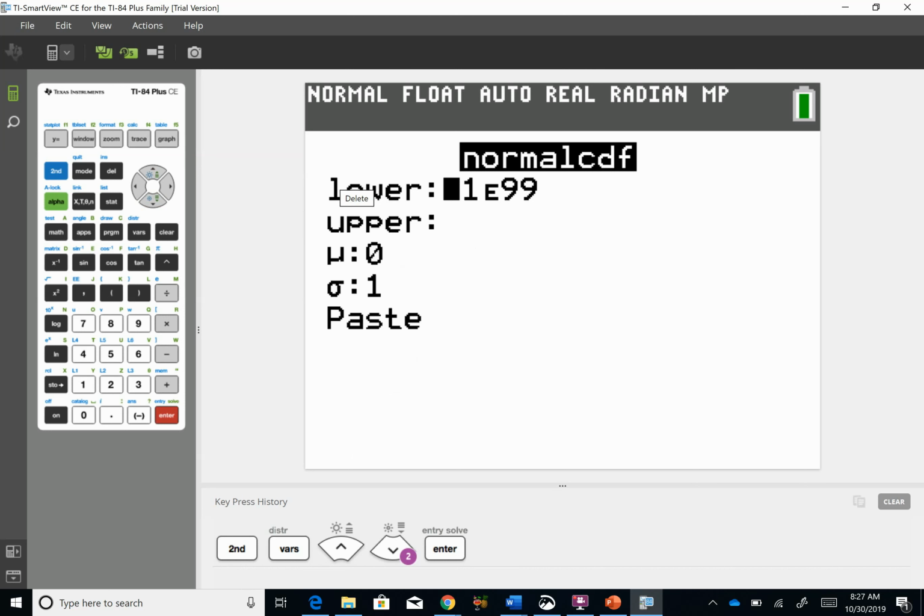Now my calculator is going to be a little bit different than maybe some of the older ones. If you have an older calculator, I can help you with that. You're just going to be entering things into parentheses if you have an older calculator. If you have an older calculator, you'll have normal CDF on your screen right now. For the lower ones, we need to tell it if we're going to go to the left of negative 2.12.